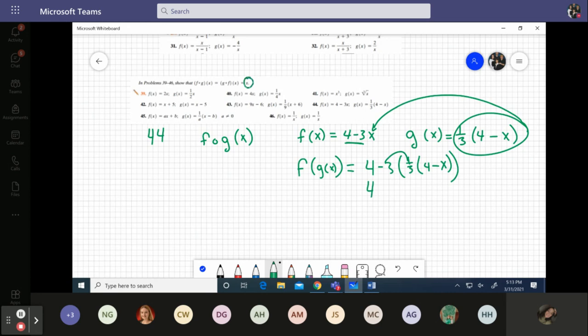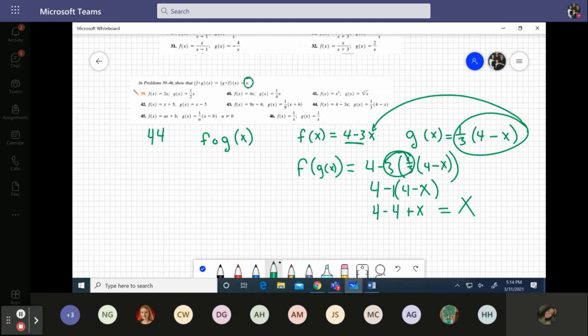So I have 4 minus 4 minus x, because these two equal a 1. So that gives me a negative 1 out here, and that's where I've got 4 minus 4 plus x. So that equals x. So I'm good with f of g.